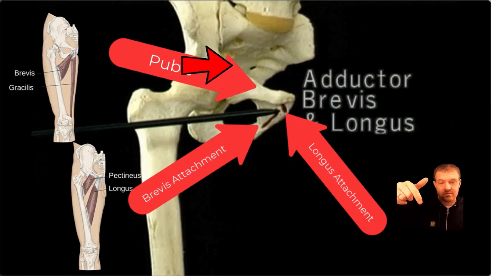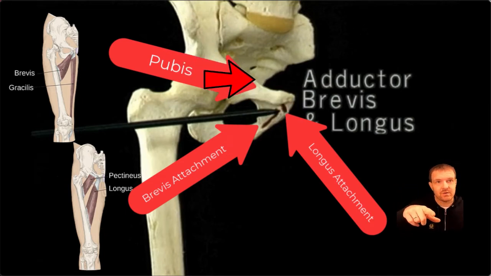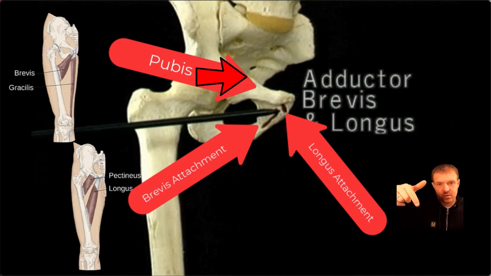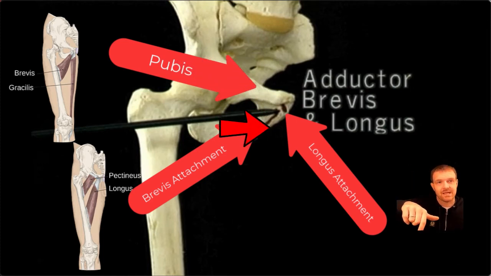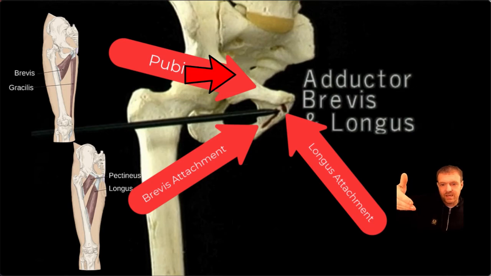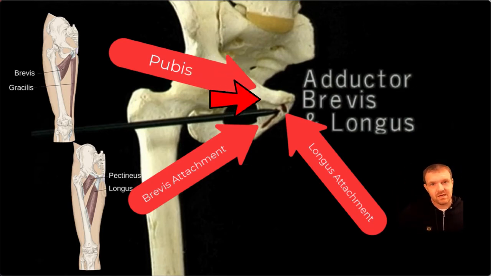And in a bloke, there is a little gap in that inguinal ligament. And the gap is there because of the spermatic cord going through to the testes. So because there's a gap in that inguinal canal area, that means that blokes are more likely to get inguinal hernias.